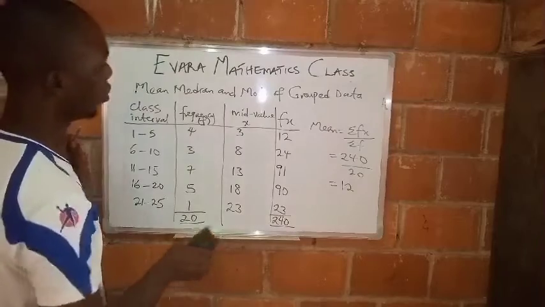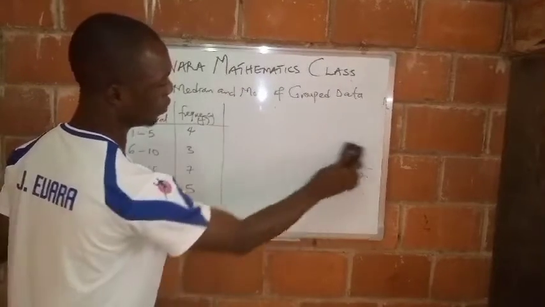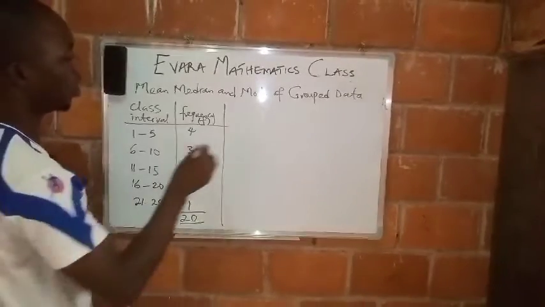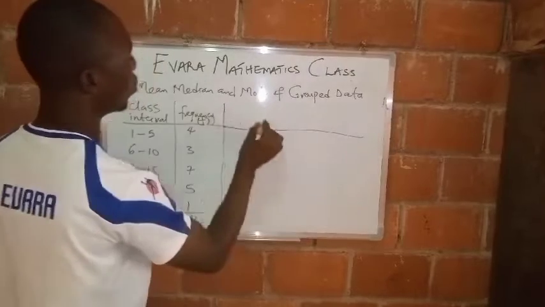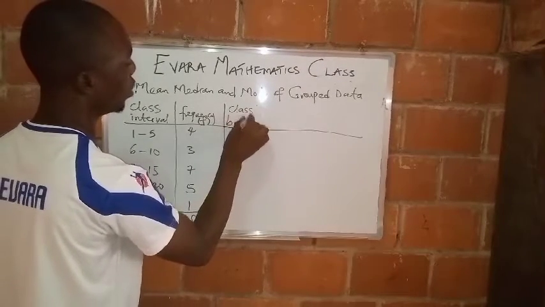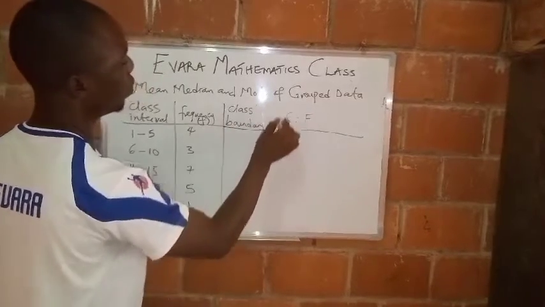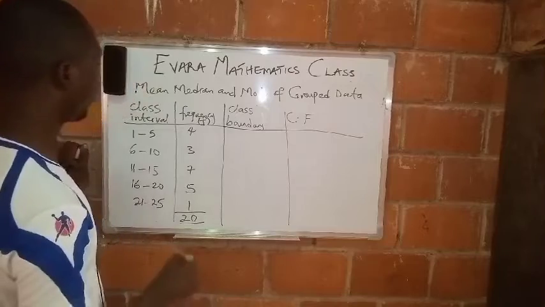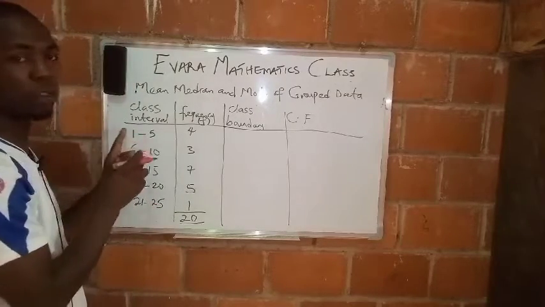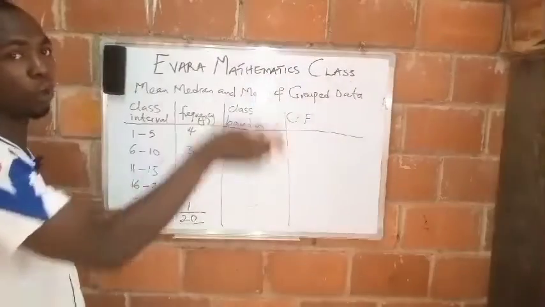So now we are going to proceed to the median. How do we calculate the median? The table for median is different from that of mean. We are going to have the class boundary, and then we have the cumulative frequency. So what do we mean by the class boundary? For the class boundary, you take 0.5 from the lower class limit and add 0.5 to the upper class limit.